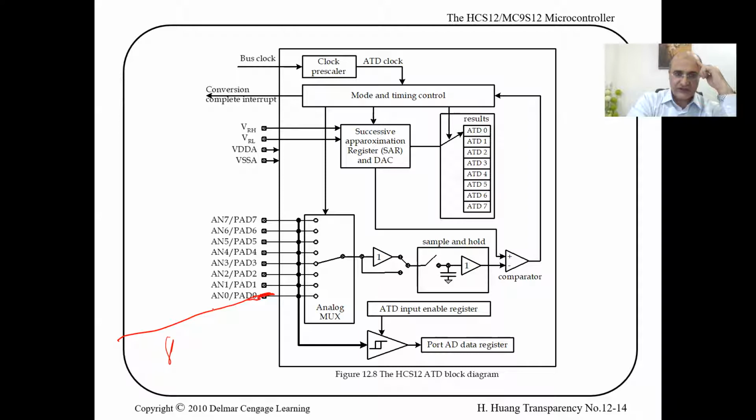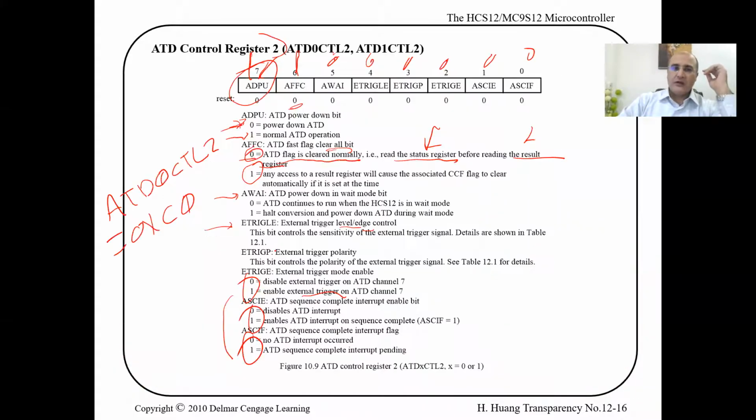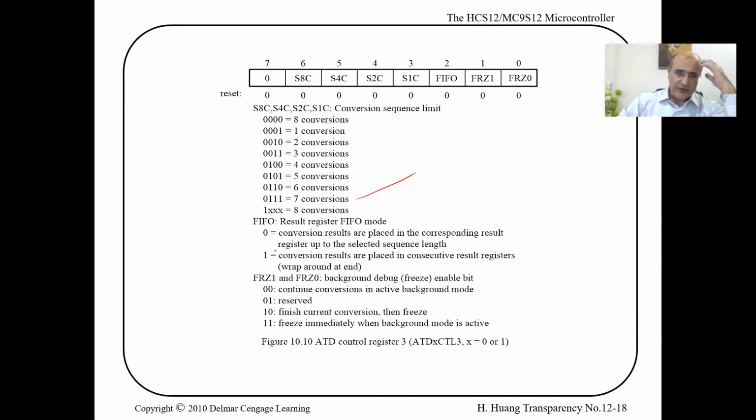If I was reading AN0, it will read this 8 times. But if I enable the multi-mode and I tell it I want to do 5 conversions, it would read AN0, AN1, 2, 3, 4, 5. Okay, across multiple channels. And this would be handy if you want to read from 8 sensors, maybe in a single shot. So these are possible uses for why you want to do several conversions.